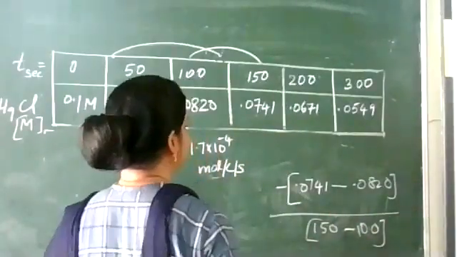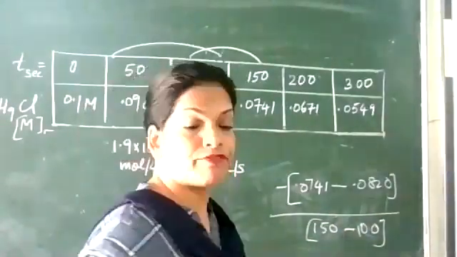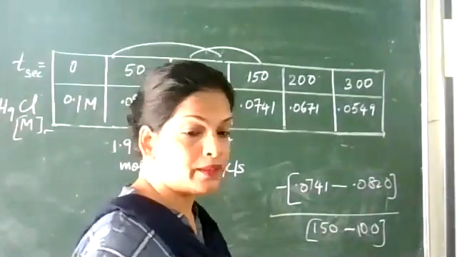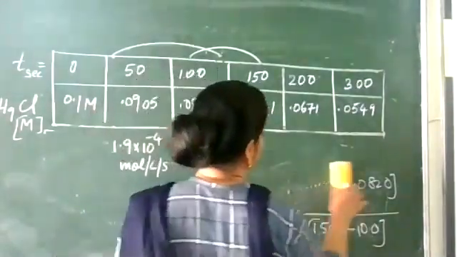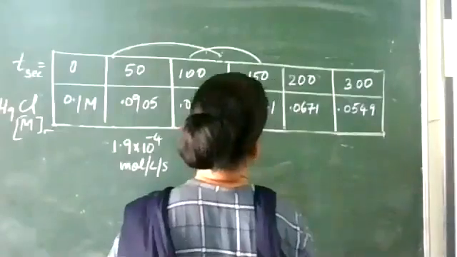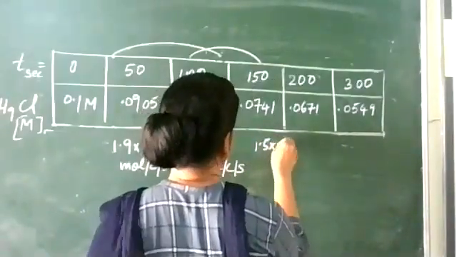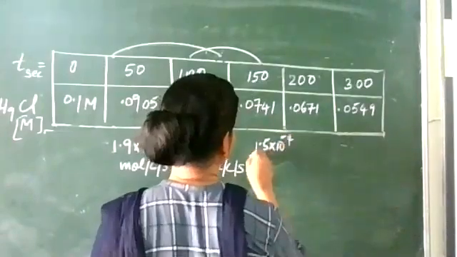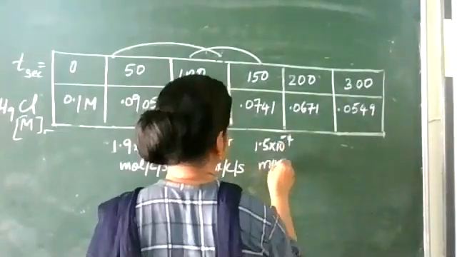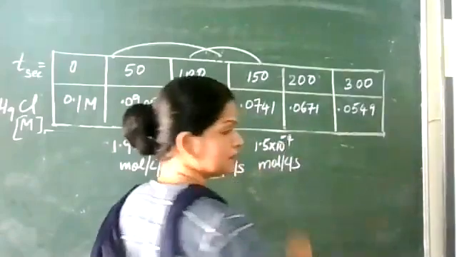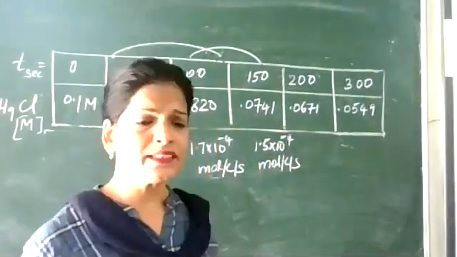When I calculated, I got 1.5 into 10 to the power minus 4 moles per liter per second.